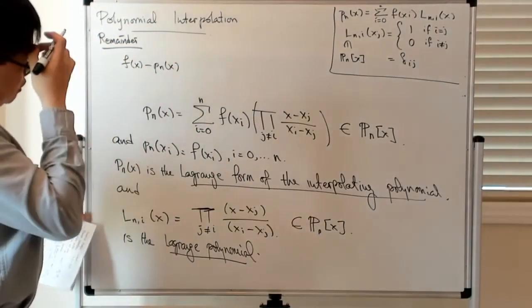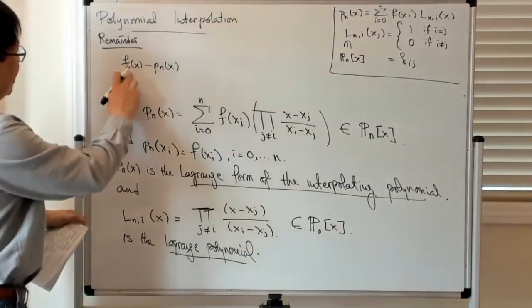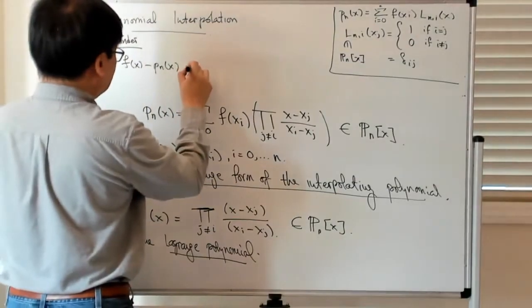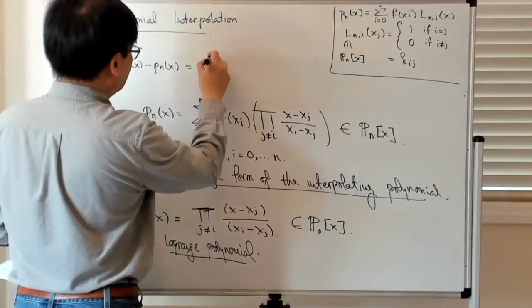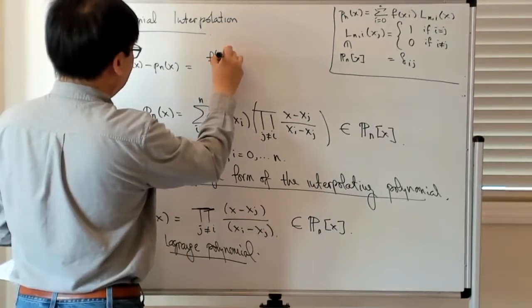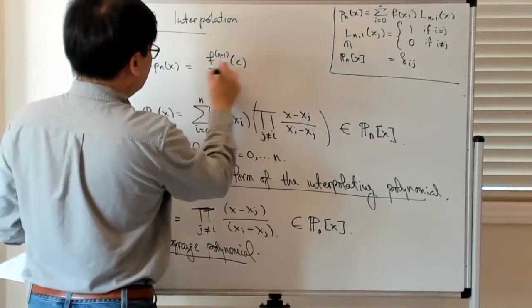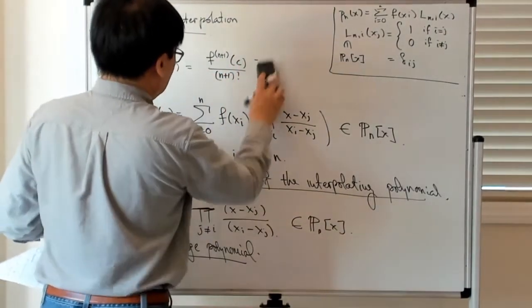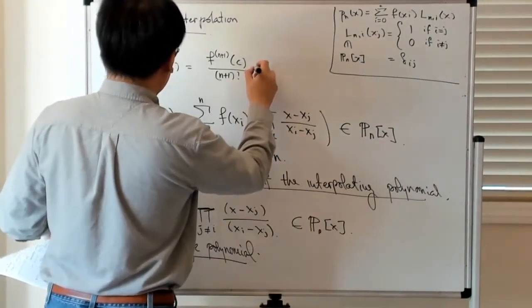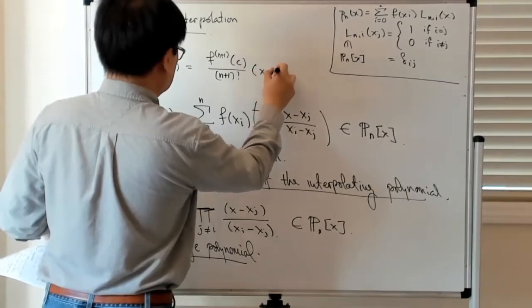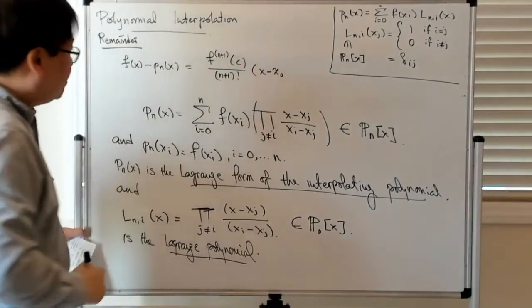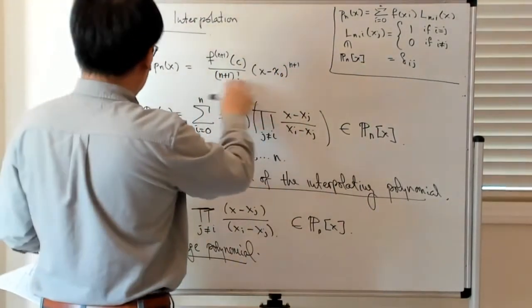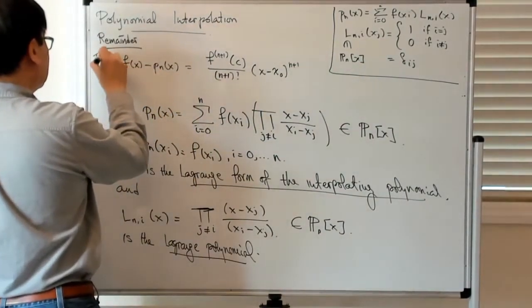If you recall, if Pn of x happened to be the Taylor polynomial instead, then the Taylor polynomial error looks something like f at the n plus first derivative at some unknown point, divided by n plus 1 factorial, times x minus x0 to the n plus first power, where x0 is the point you expanded the Taylor polynomial in. So this was in the Taylor case.